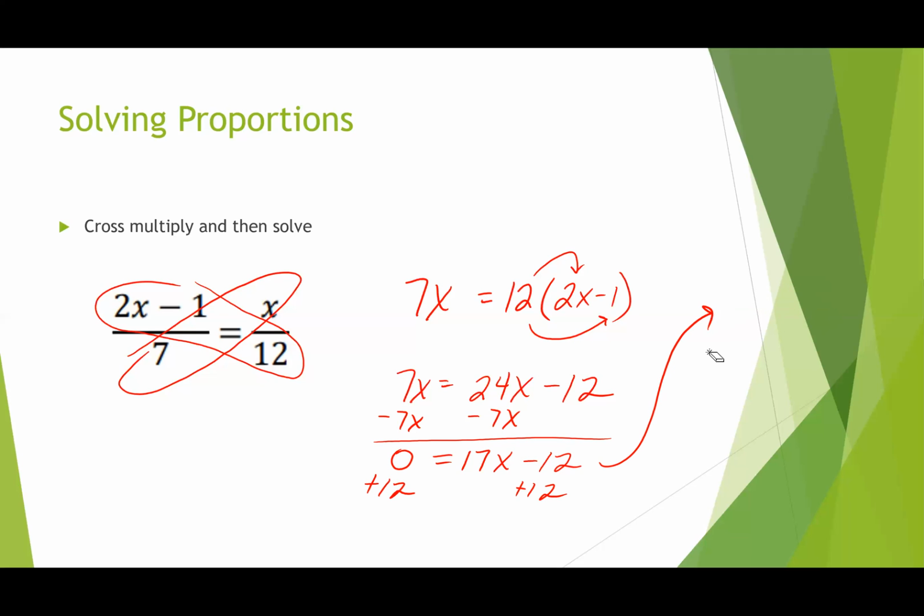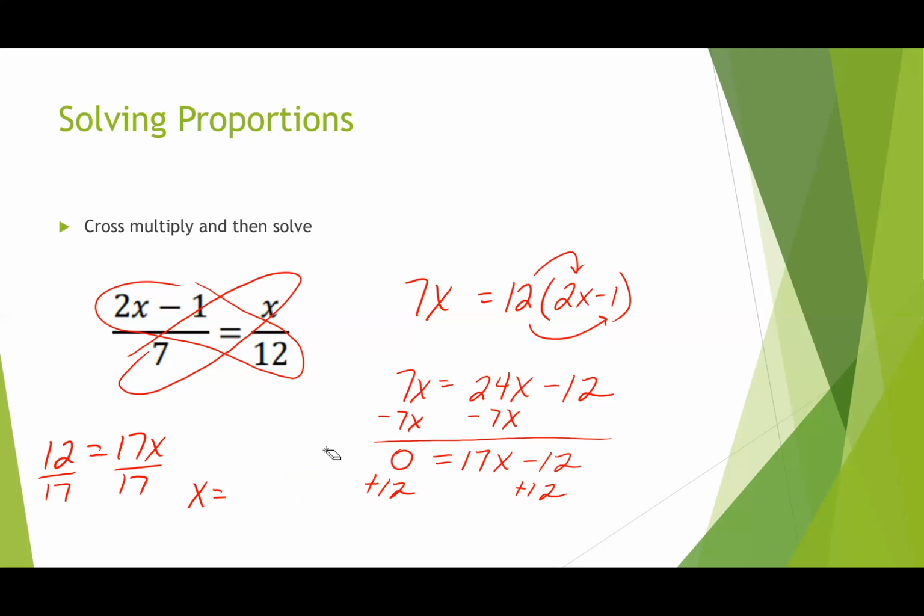12 is equal to 17x, so divide by 17. We will get that x is 12 divided by 17, which is 0.705.